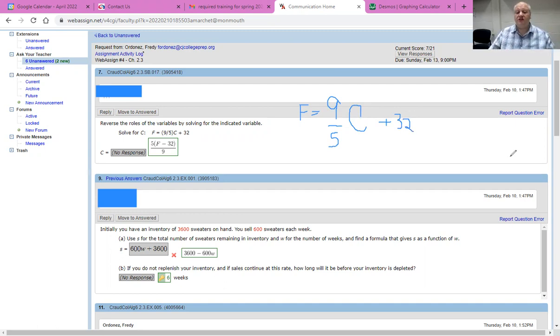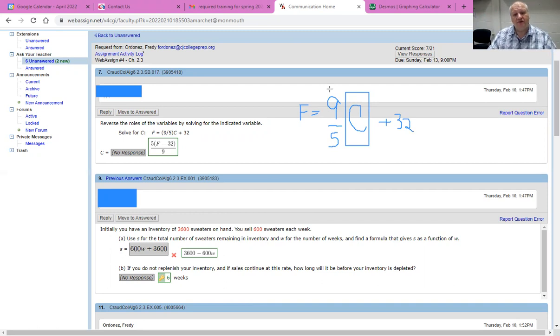Now, to solve this, you're trying to solve it for C. So I want you to take into consideration that you're hoping to get C completely isolated, and you want to pull everything away from C, so it's just C on the other side there. Now, you can choose to get rid of the 32, or you could choose to get rid of the 9/5. Which one do you want to do first? The answer is get rid of the 32 first.